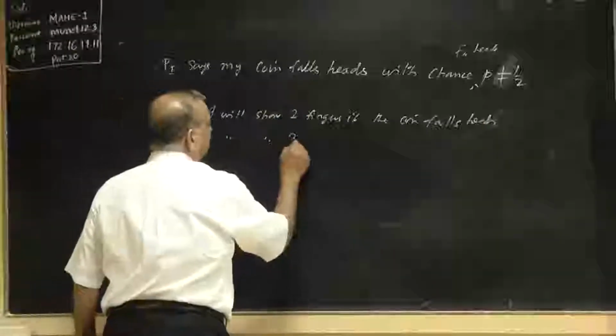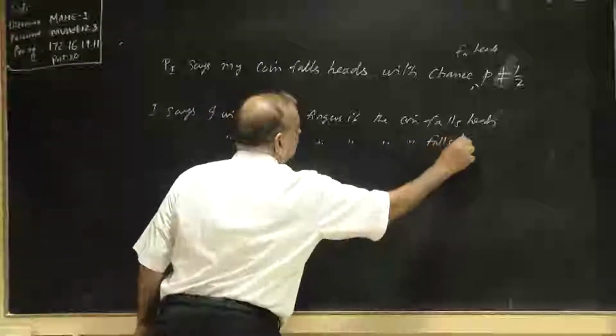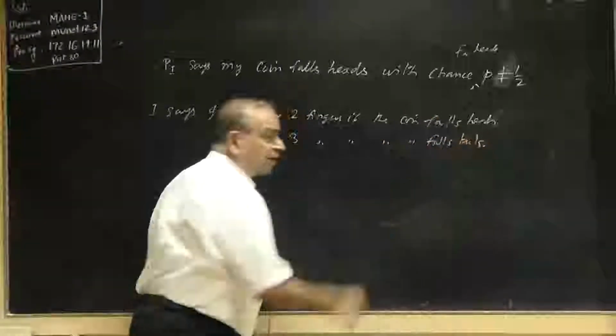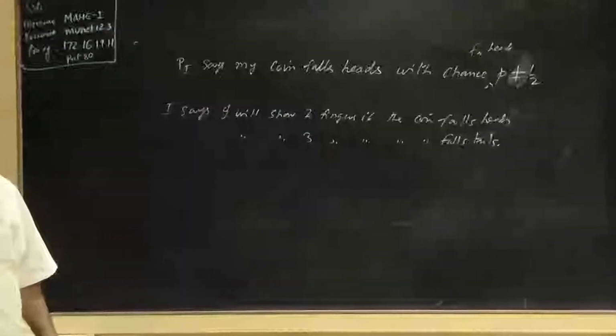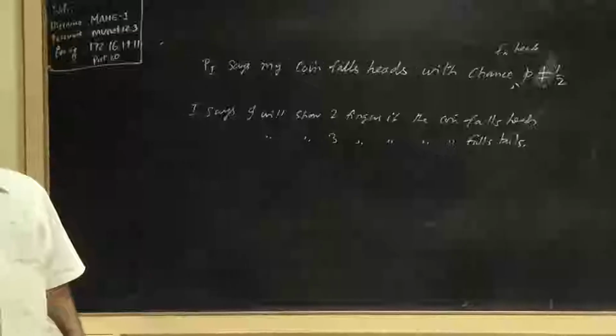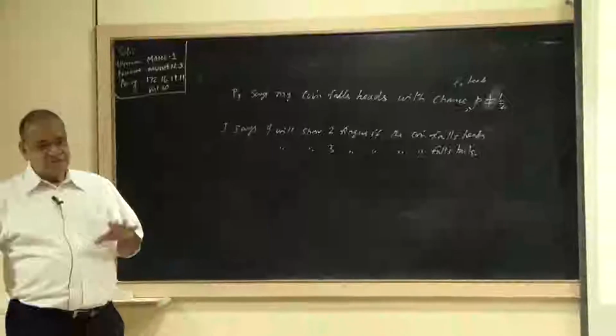I will show 3 fingers if the coin falls tails. So that's what player 1 has said. He says, I am very sincere. The coin is also very sincere. I am sticking to that.